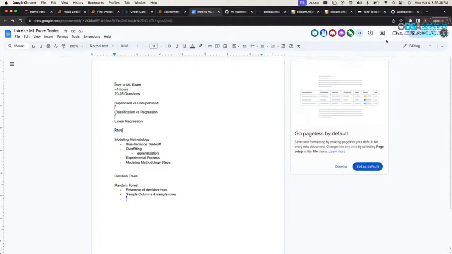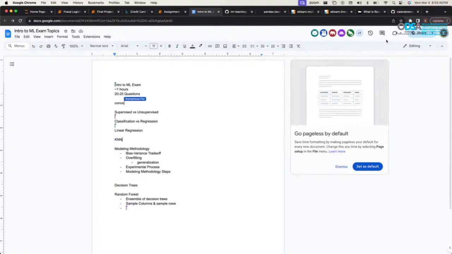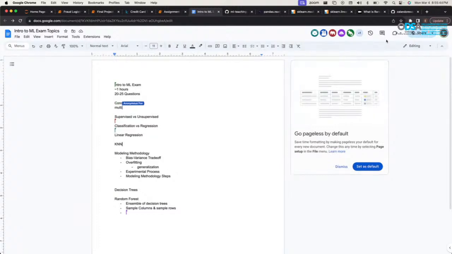They'll all be multiple choice. Yeah, I won't do any coding, and they're all going to be conceptual. I might have, look at this training set curve versus this test set curve, and when is the model overfit? That could be one.